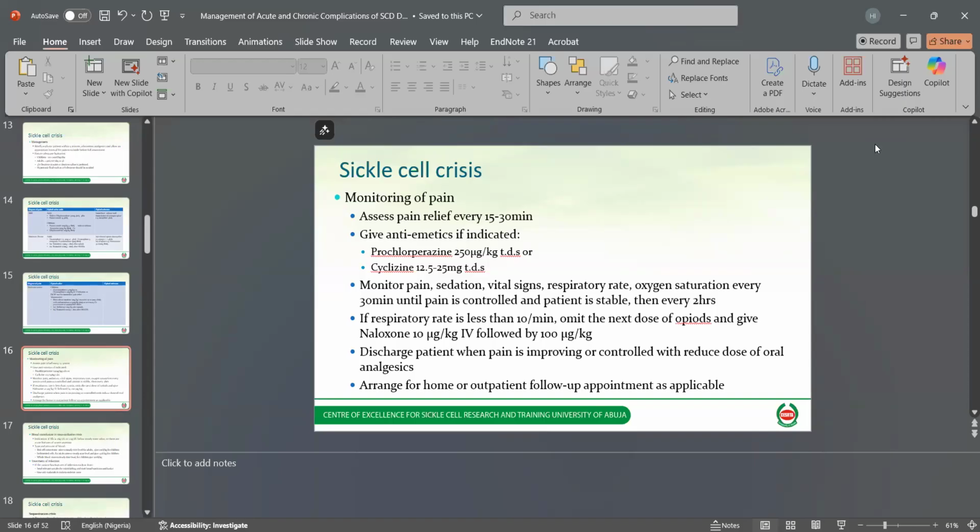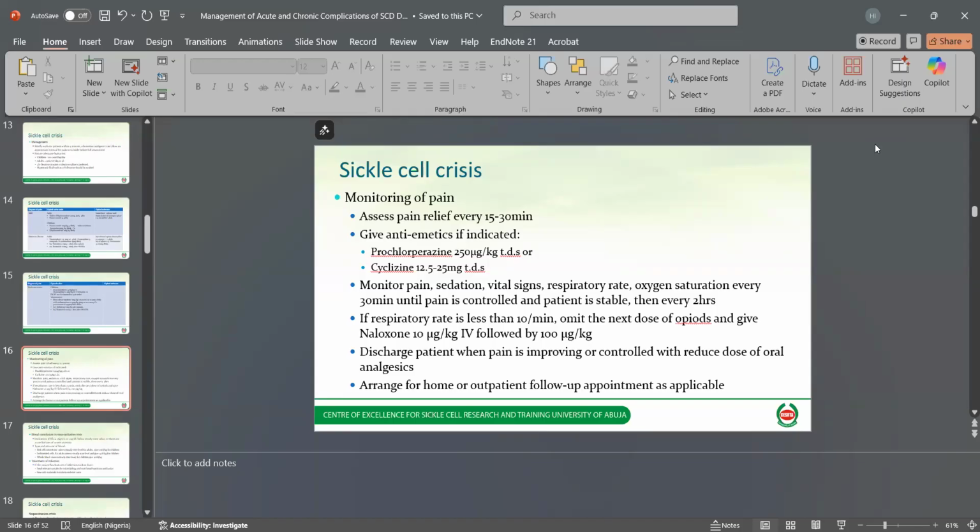When the patient is stable, we can begin the monitoring at every 2 hours. If respiratory rate is less than 10 per minute, omit the next dose of opiates and give naloxone 10 micrograms per kg IV, followed by 100 micrograms per kilogram.